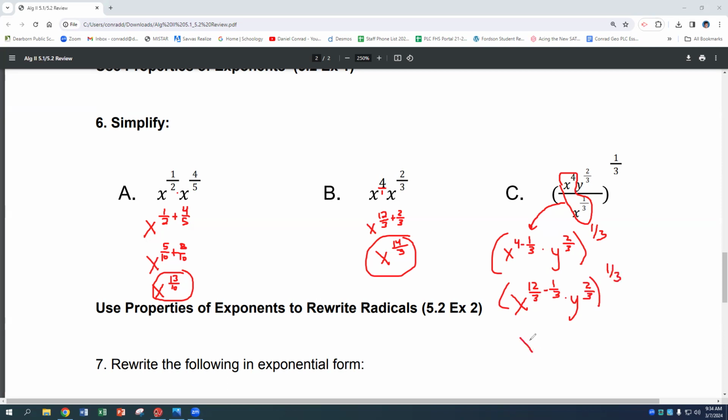So that's going to give me x to the 11/3, y to the 2/3. Okay, and then it's all to the 1/3. So I need to multiply both these by 1/3. So that's going to give me x to the 11/9 times y to the 2/9. Okay, and again, if you need to multiply, you can multiply those in your calculator. But we're just multiplying 11/3 by 1/3, and then 2/3 by 1/3.